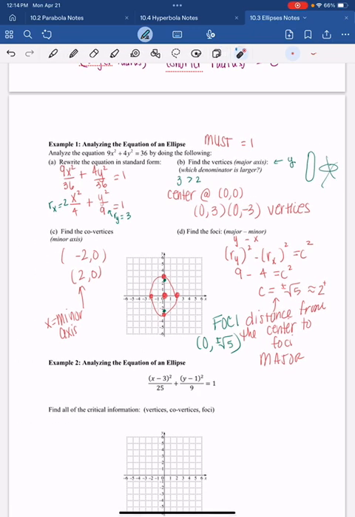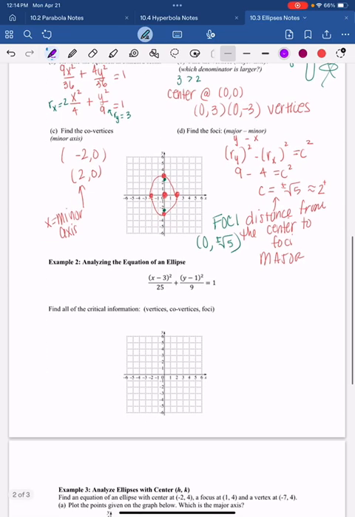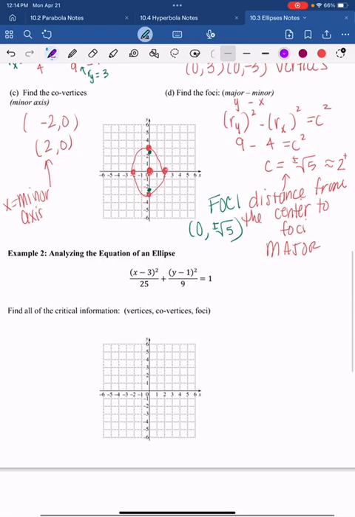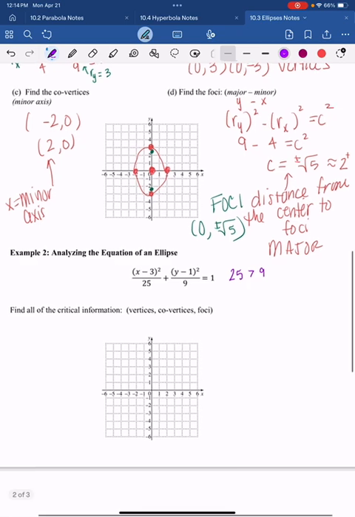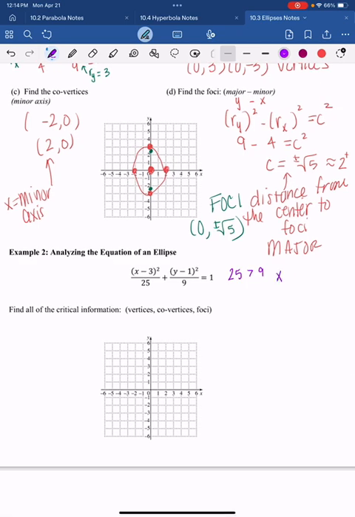All right, now let's look at one that's not centered at the origin. So now we're going to look at one with h and k being something other than 0. Okay, so 25 is more than 9. The 25 is associated with the x, so x is going to be the major axis.